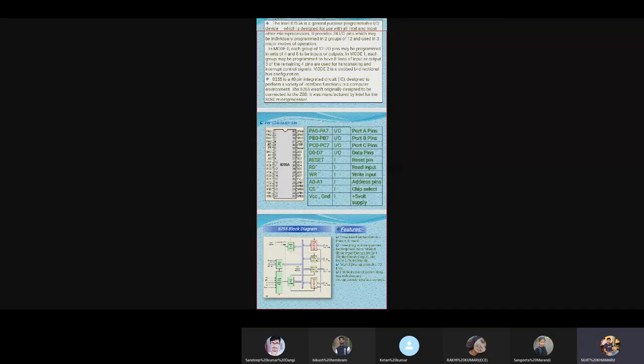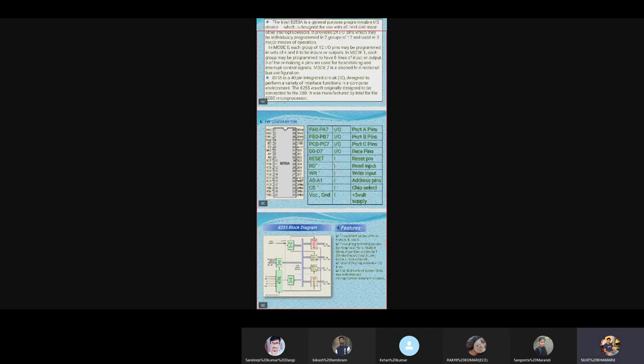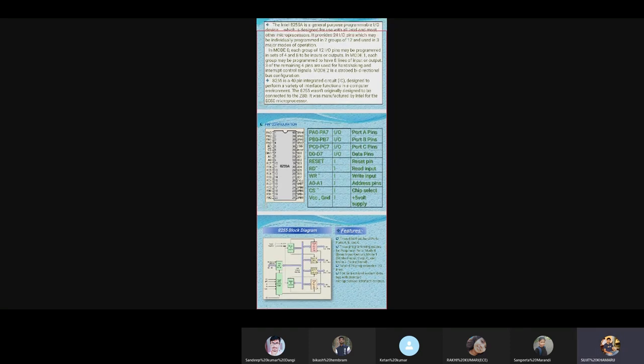PB0 to PB7 is 8 pins, and similarly PC0 to PC7. All are input output pins. And D0 to D7 are the input output data pins.